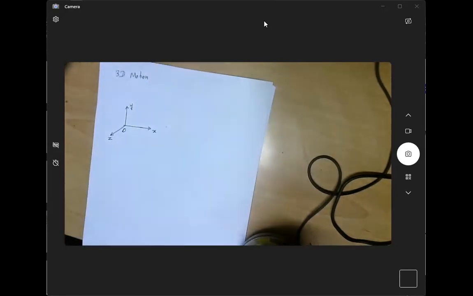And remember, if you are going to use vector and vector operations, you must define these x, y, z coordinates according to what rule?